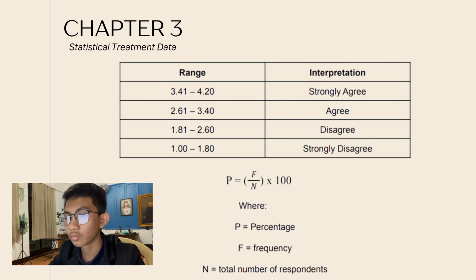Each respondent will receive a parental consent letter to provide permission and evidence that they are eligible and permitted to participate. In addition, respondents will respond to the questionnaire using Google Forms. The researchers use the table of the interpretation of the answer of the respondents to the certain inquiry contained in the survey.